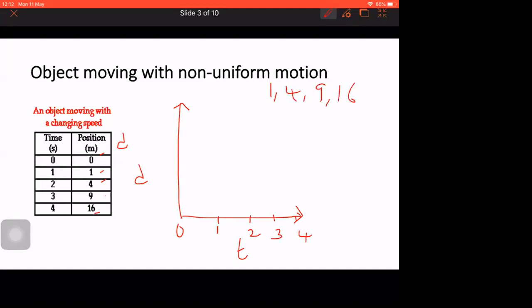I can't simply put 1, 4, 9, 16, right? While plotting the graph, you have to take exactly equal difference numbers. What would be the scale of your graph on the y-axis? How will you be taking the values? I can't take 1, 4, 9, 16.